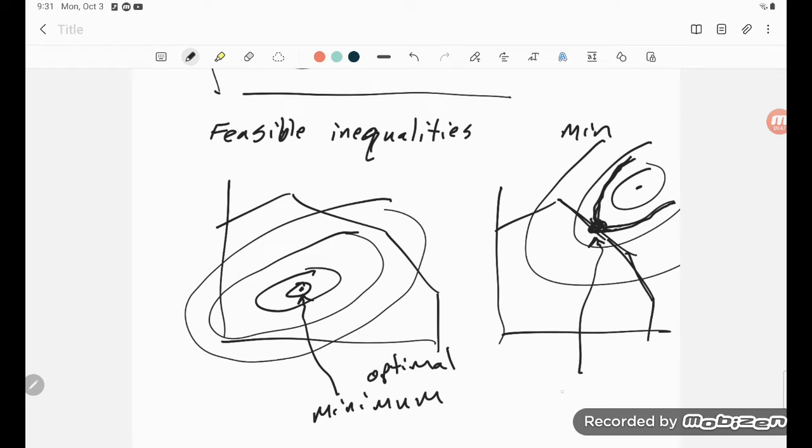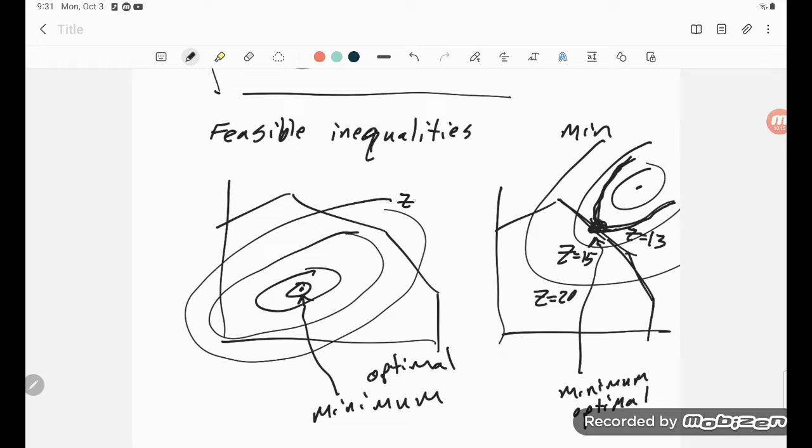So minimum or optimal. Okay, and I'll put some z values on here, say this is z equals 20, z equals 15. Maybe this one here is z equals 13.